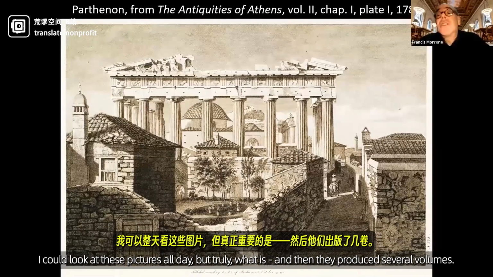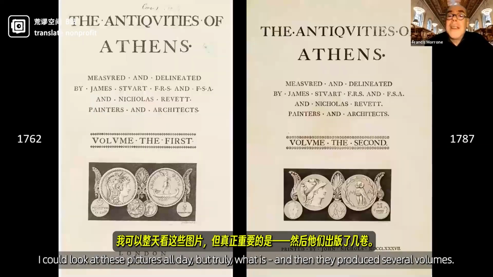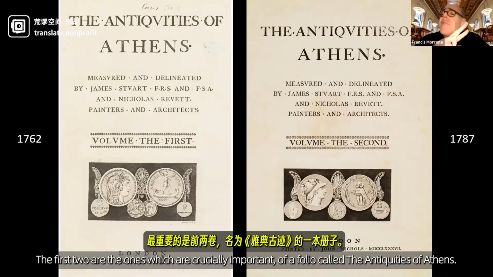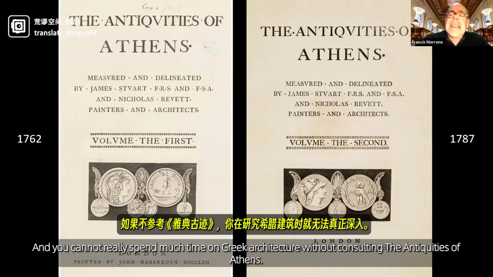I could look at these pictures all day. And then they produced several volumes. The first two are the ones which are crucially important, of folio size, called the Antiquities of Athens. And you cannot really spend much time on Greek architecture without consulting the Antiquities of Athens.